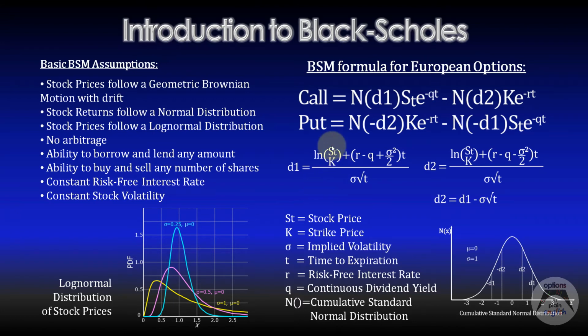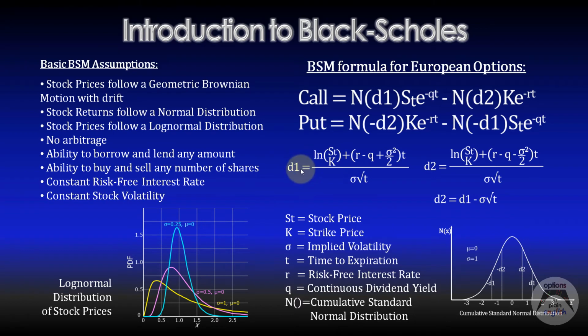So this is how far up or down the strike price is when you compare it to the current stock price. So this is one of the main factors here. And then the effect of interest rates, dividends, and volatility. That's going to give you the D1 number.